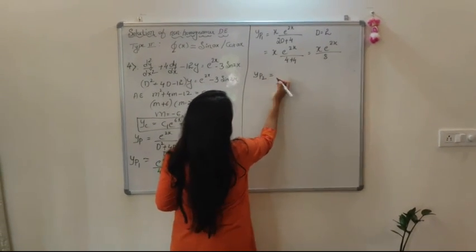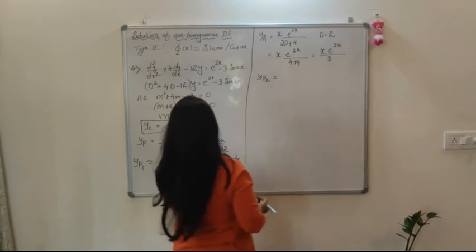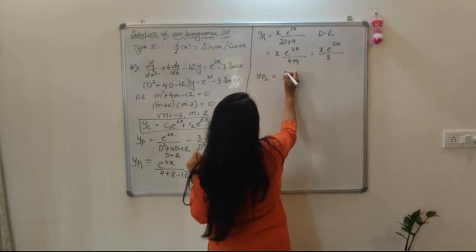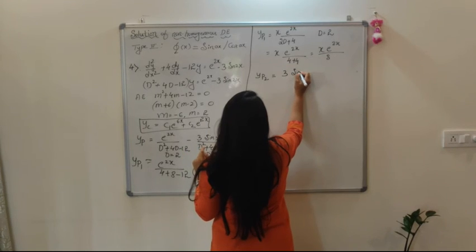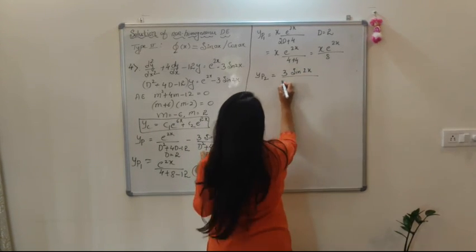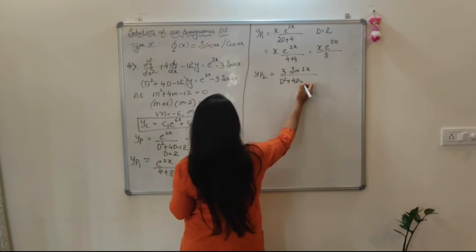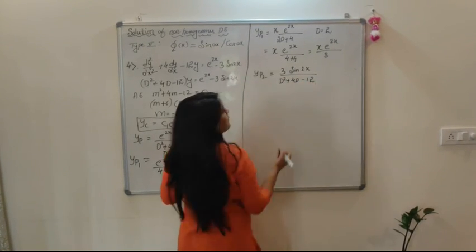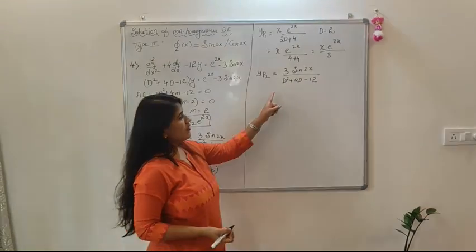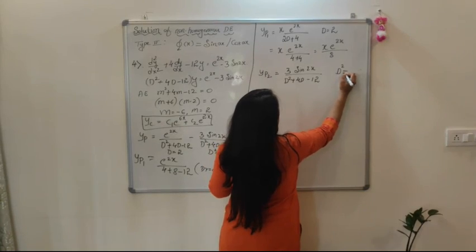Next come to the second term, I will take that as yp2. The negative sign, I will include later. I will take only the term 3 sin 2x divided by d square plus 4d minus 12. Type 2 means our working rule is replacing d square by minus a square.